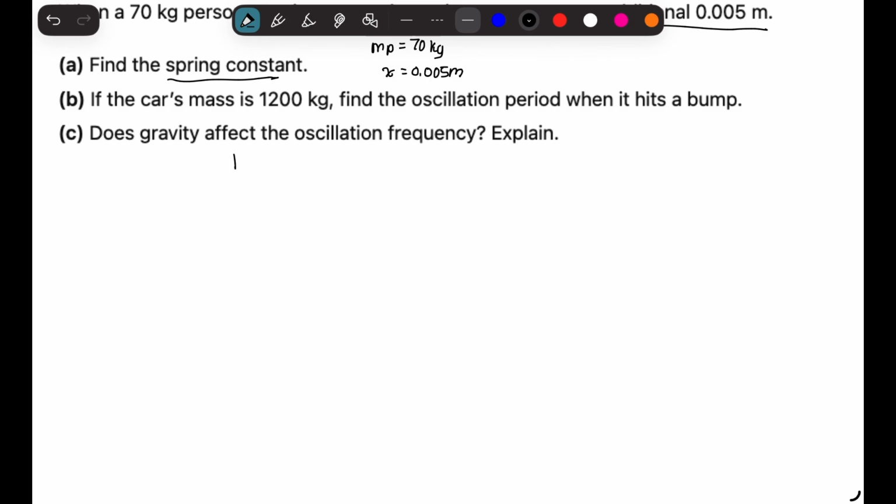So knowing that F is equal to mg and kx is equal to Fs, we know that they're going to be equal to each other. So Fs is equal to Fg, kx is equal to mg, k is equal to 686 over 0.005, and k is equal to 137,200 newtons per meter.